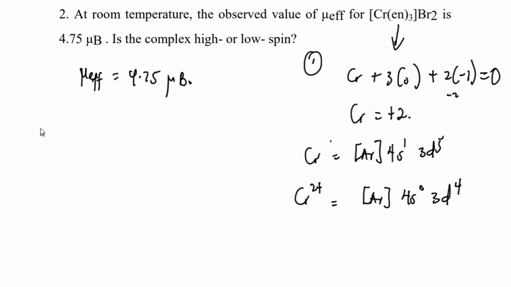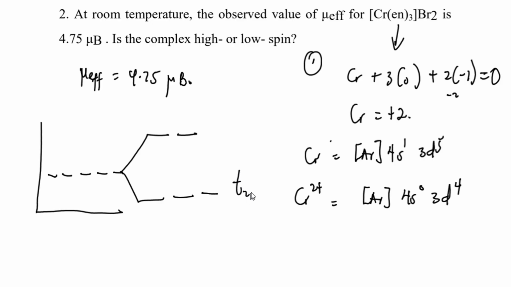We don't know if it's high spin or low spin. This is octahedral, we know that it's octahedral. So we're going to draw this in this configuration. So d4, that's going to be 1, 2, 3, 4.